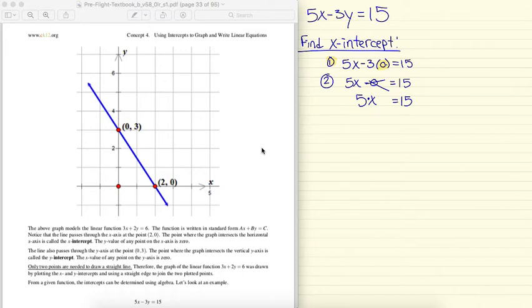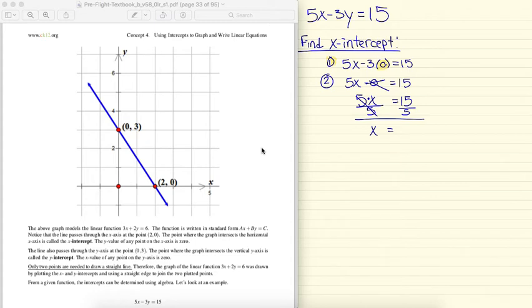The opposite of multiplication is division. So in order to eventually get down to x equals some number, and to get x by itself, I need to get rid of that 5. And the way I get rid of the 5 is using the opposite operation, which means I'm going to divide.